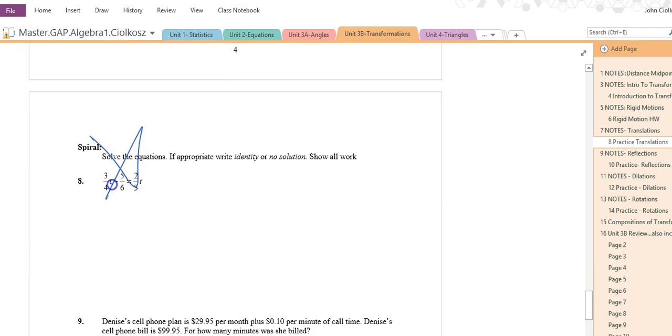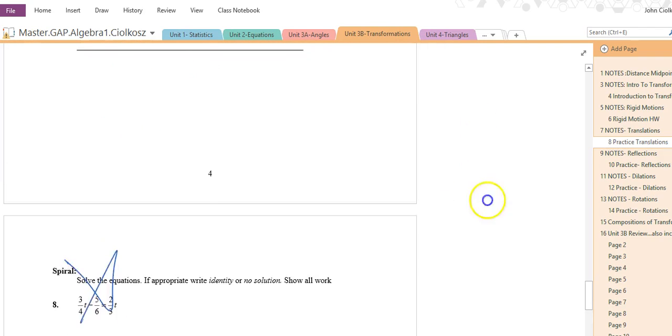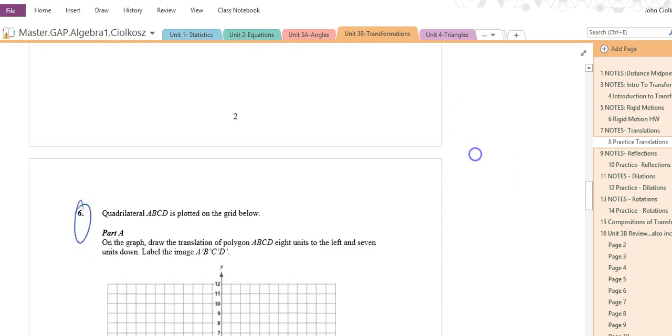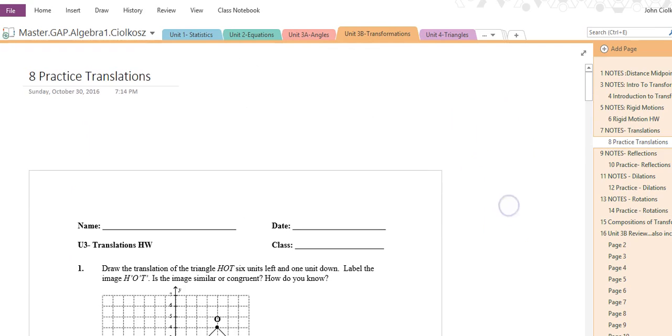And let's not worry about these. Once you're good through there, you're set on the practice for number 8, and we're going to go ahead and move on to notes 9.